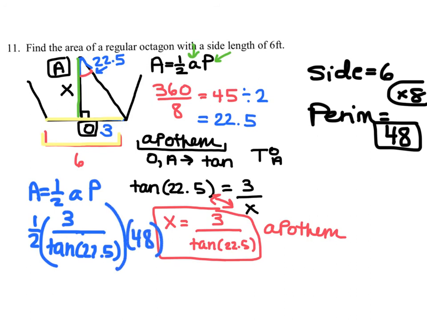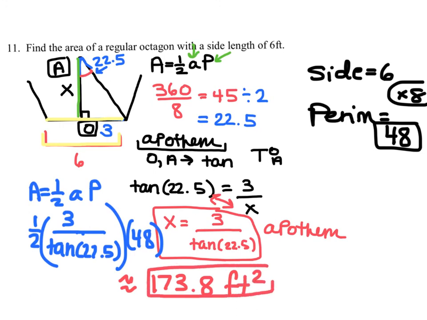Plug that into your calculator, guys: 0.5 times parentheses, 3 divided by tan 22.5, close parentheses, and then times 48. And I got 173.8 square feet.